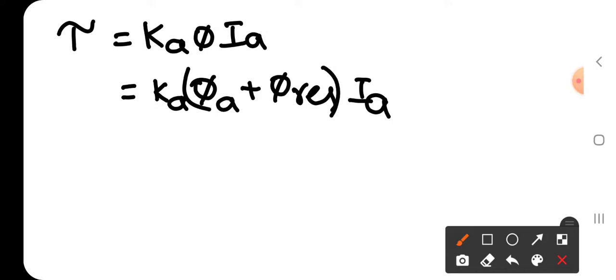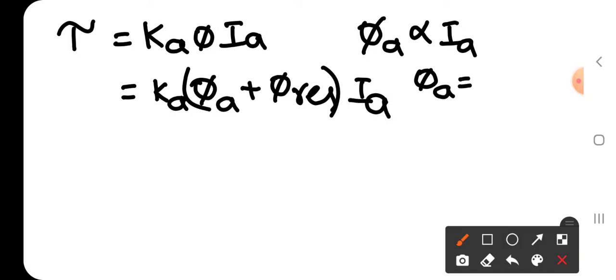Here the armature flux is directly proportional to the armature current. So I can write phi A is directly proportional to Ia, and phi A is equal to some Kf into Ia.